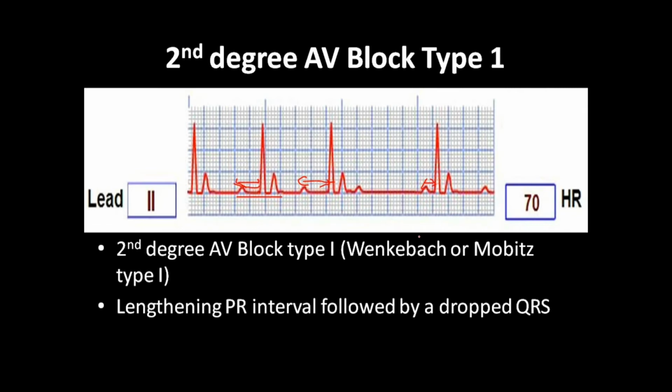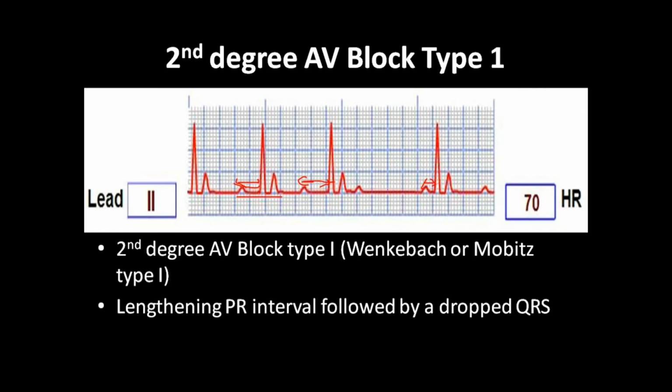Here lengthening of the PR interval followed by a dropped QRS is a typical feature. As I said before, there is a lengthening of the PR interval. Here it was around 8 small squares, and here it increased to more than 8, and after that there is no PR interval to calculate.